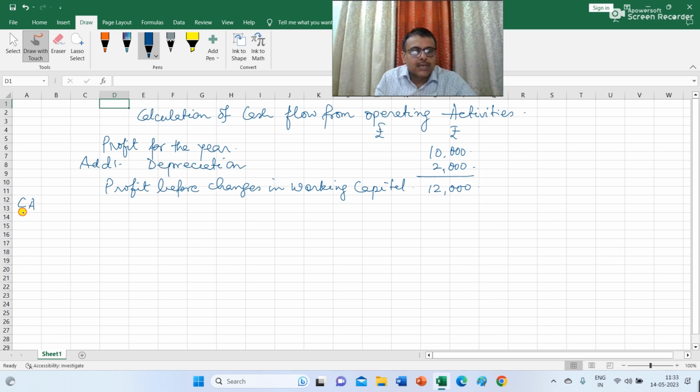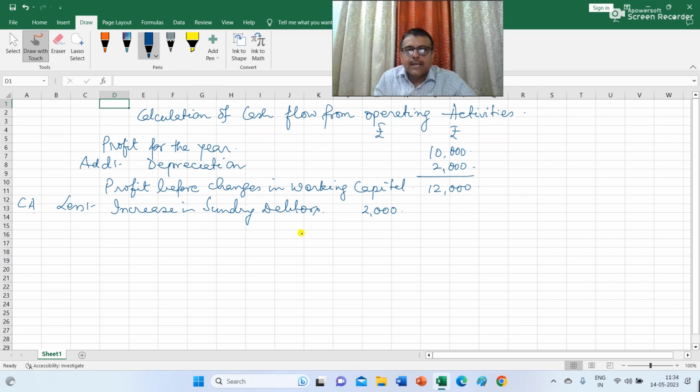The first item is the current asset, which is the sundry debtors. And since there is an increase in the amount of sundry debtors, I have to reduce this difference. So I am writing here less increase in sundry debtors. Sundry debtor balance has been increased by rupees 2,000. So in the inner column I am writing increase in sundry debtor.